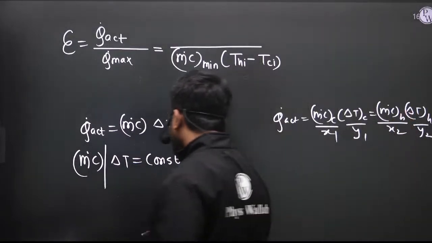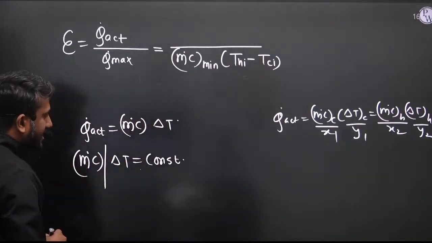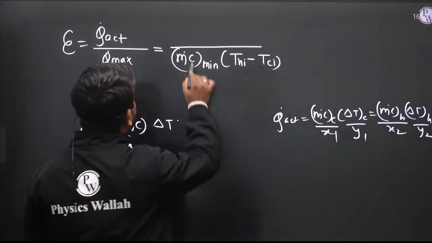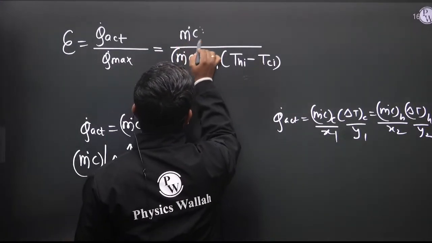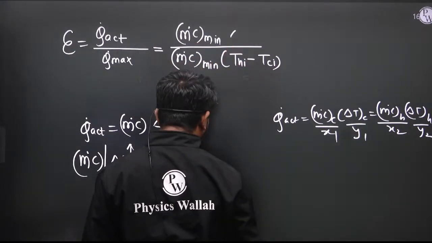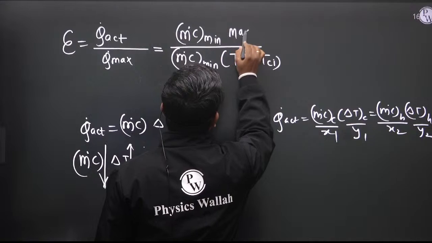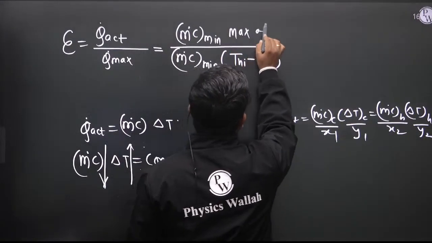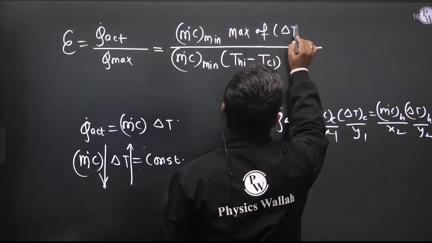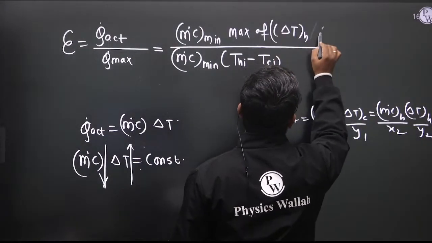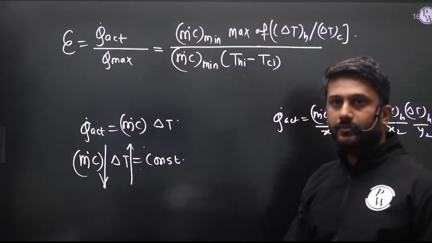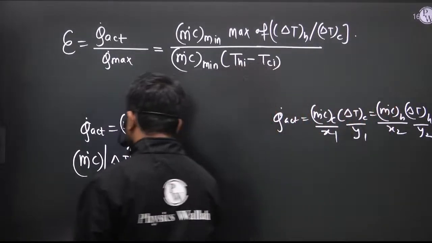So the product of heat capacity rate and delta T is constant. If this is the minimum, then obviously this is the maximum. Now if I write the minimum heat capacity rate here, you must multiply with the maximum of delta T hot, delta T cold, right?